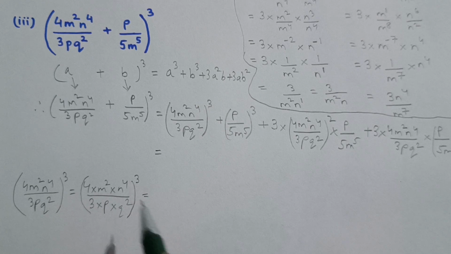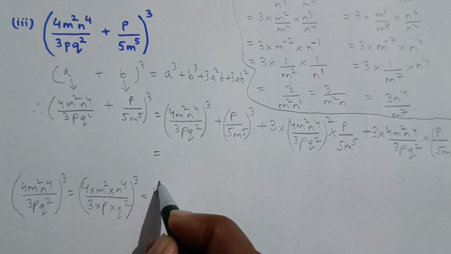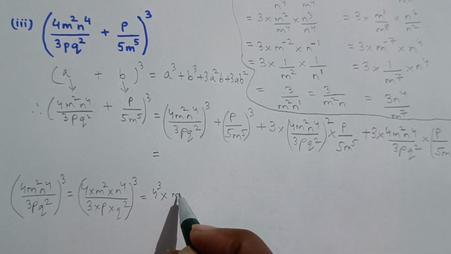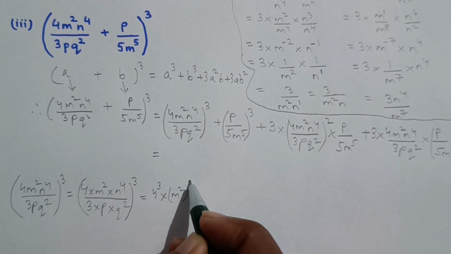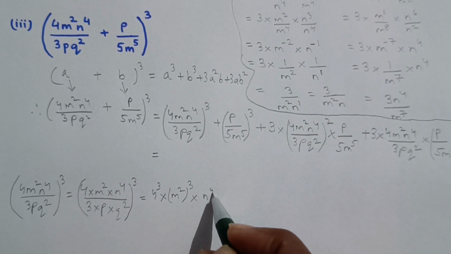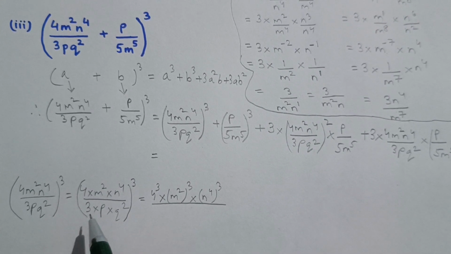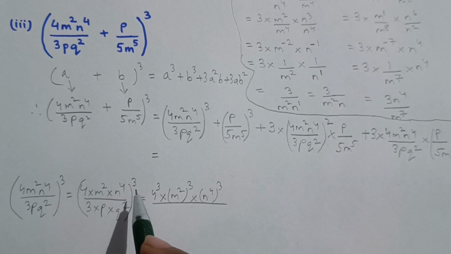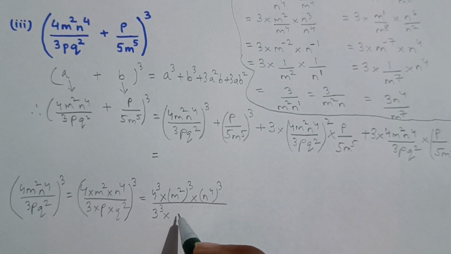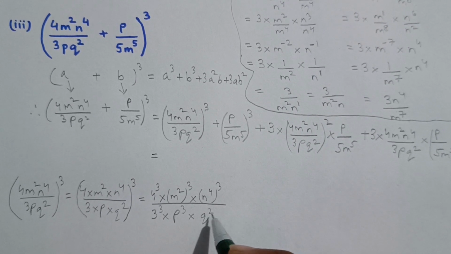Use your knowledge of exponents, so this will be 4 cube into m square whole cube into n to the power 4 whole cube upon 3 cube into p cube into q square whole cube.